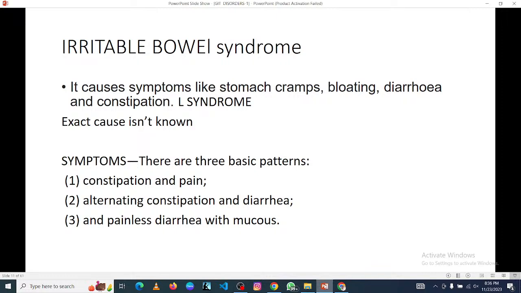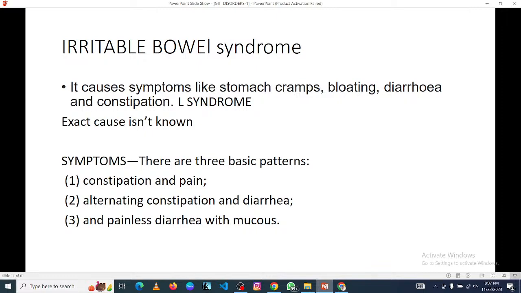IBS normally causes symptoms like stomach cramps, bloating, diarrhea, constipation, and IBS normally is idiopathic, meaning the cause normally is not known.